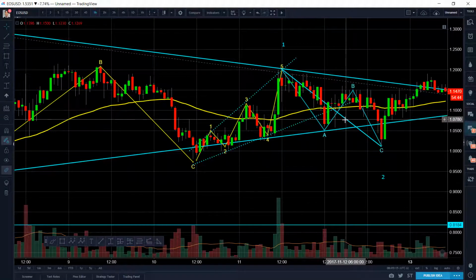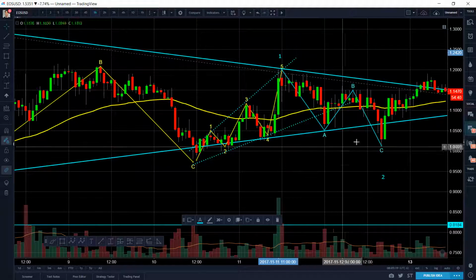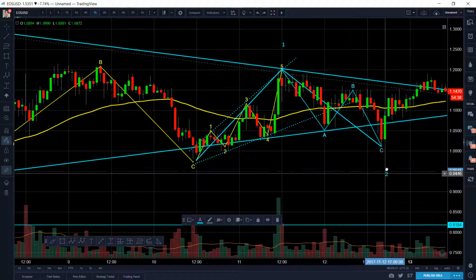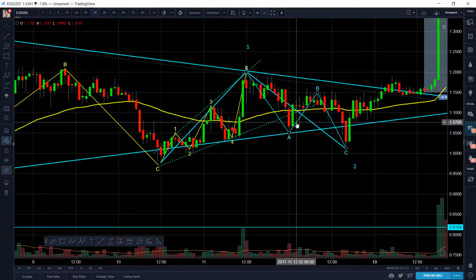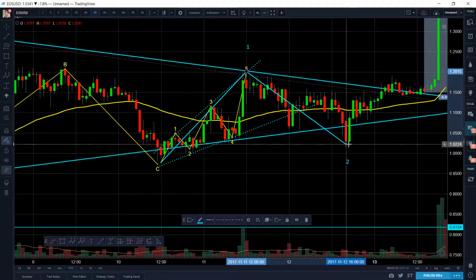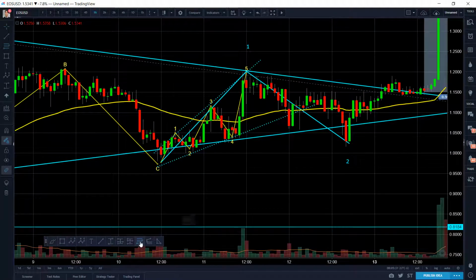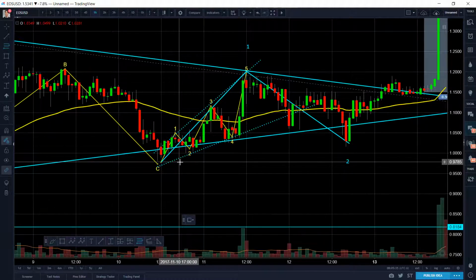And then we have our first wave up there, right? And our second wave right down to over here, where it made a simple ABC corrective pattern. Now, what's cool about this right here is we can check the Fibonacci retracement. We can use our Fibonacci tool.